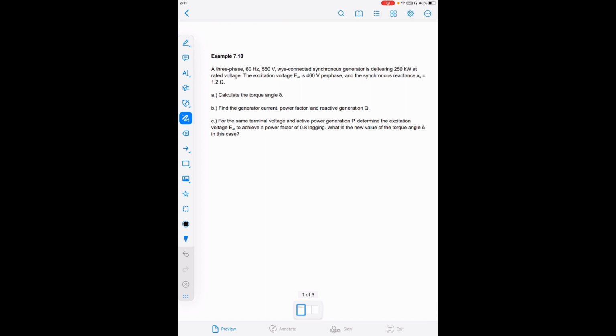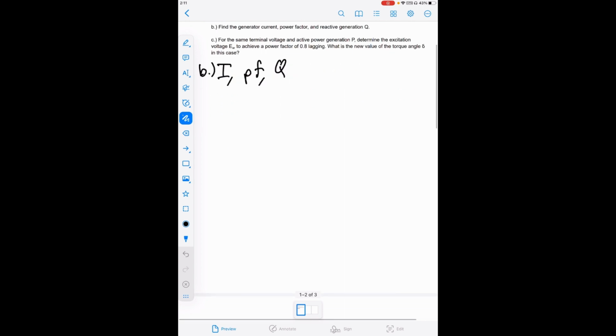Part B asks us to find the generator current, the power factor, and the reactive generation Q. To find the current, we can use the same equation from example 7.4.